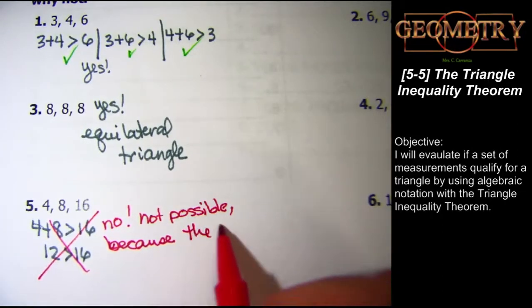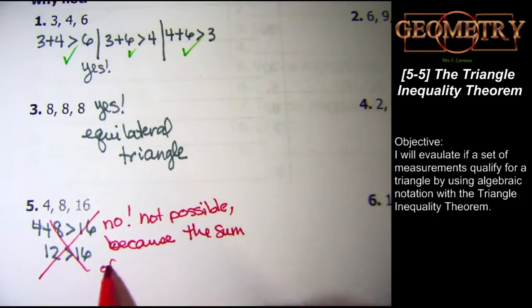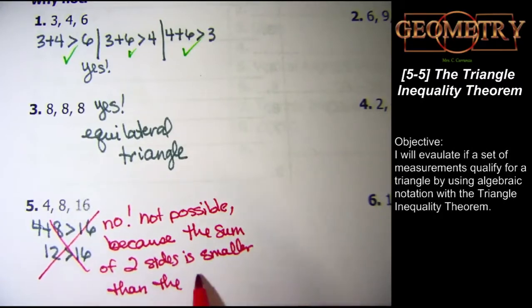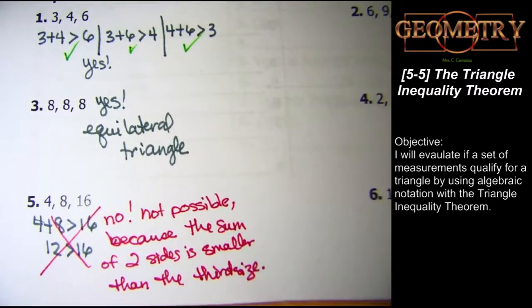Because the sum of two sides is smaller than the third side. That's one way to say it. You could say because 16 is not bigger than 16. You could say that too. Because it breaks the triangle inequality theorem. That's another way to say this.